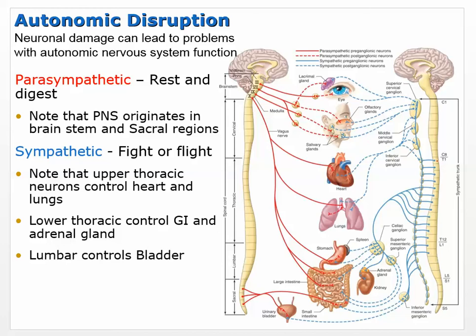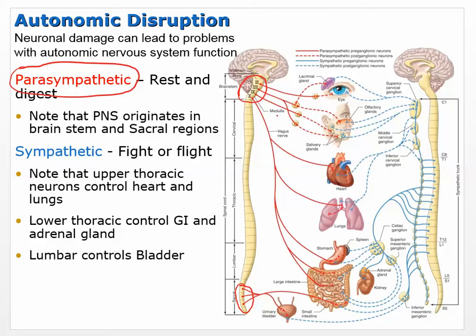It's kind of the same thing, but you can see that your parasympathetic, your rest and digest, the neurons that come out of the brainstem or the spinal cord are mostly out of either the brainstem, way up high here, or down low in the sacral area.